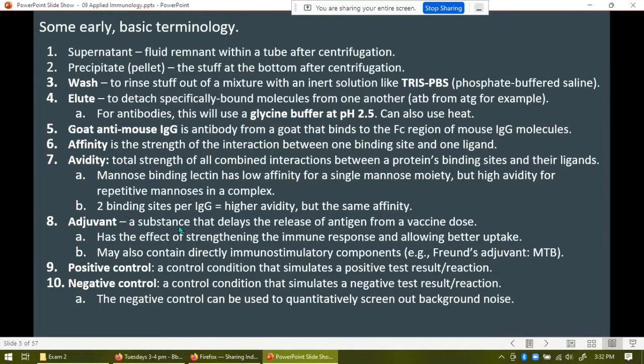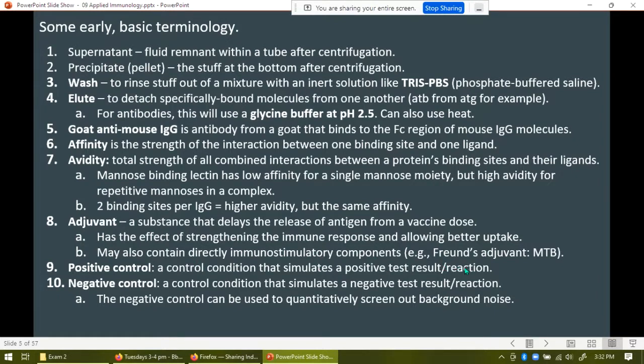An adjuvant, this is relevant for vaccines. An adjuvant is a substance that delays the release of antigen from a vaccine dose. Usually, this has the effect of strengthening the immune response to the antigen and allowing for better uptake into antigen-presenting cells. In some cases, the adjuvant may also contain immunostimulatory components.